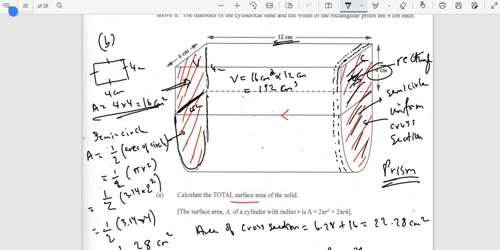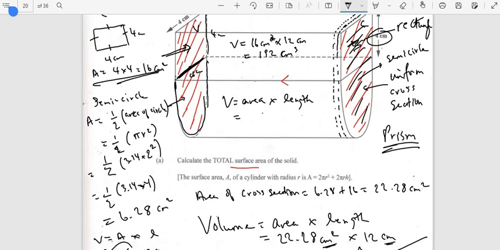Now for down here, again the volume is going to be the area of the cross section times the distance between both uniform cross sections. And the area for this cross section, which is half of the circle, will be what? Remember, we actually worked that out already.